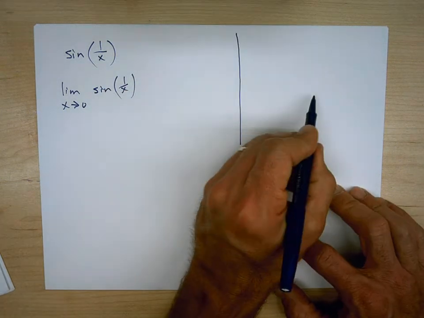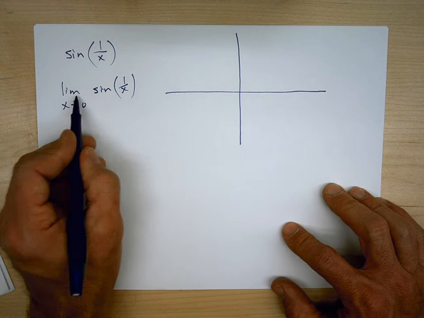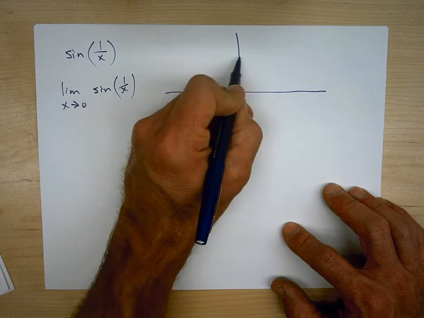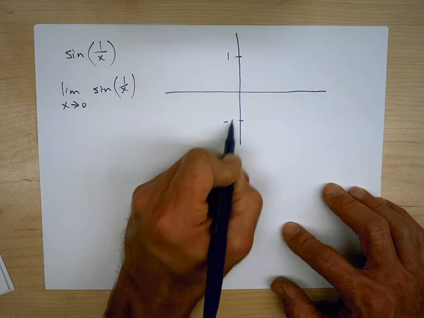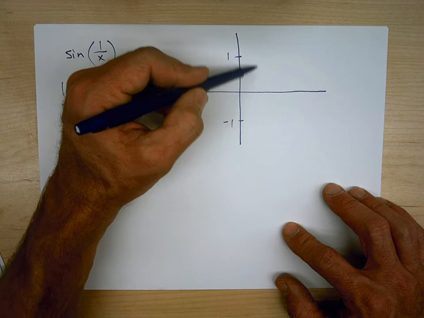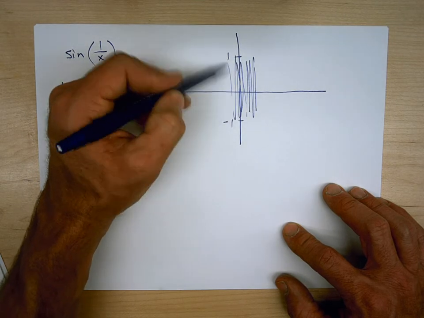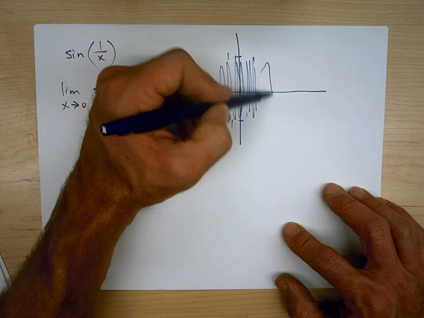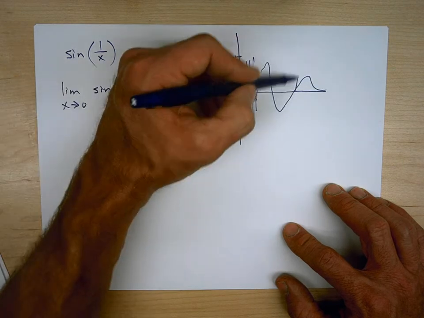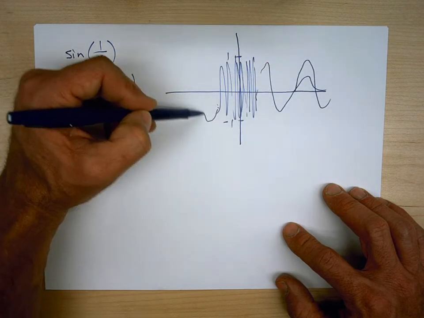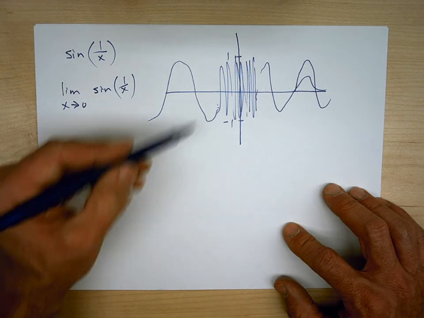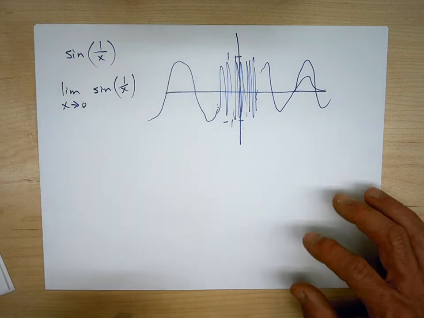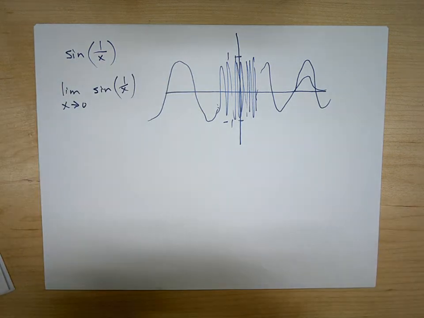Here, we know that the range of sine is always between 1 and negative 1. And if you were to graph this, you would see a lot of this type of thing happening right here. And then as you got farther away from x equals 0, it would spread out a little bit. It would keep going all the way up, right? And it would spread out a little bit here, right? So this is a crude sketch of the graph.